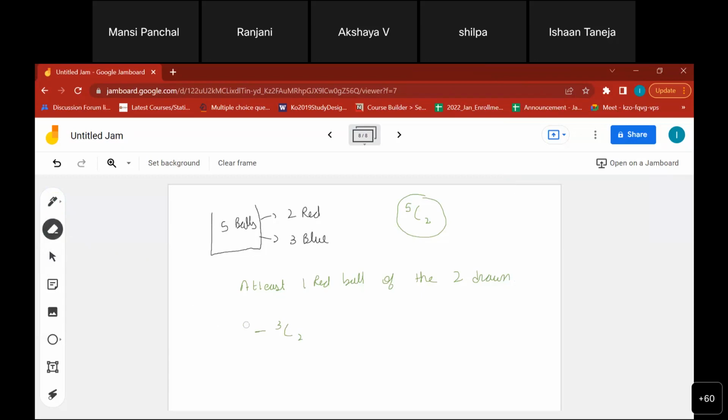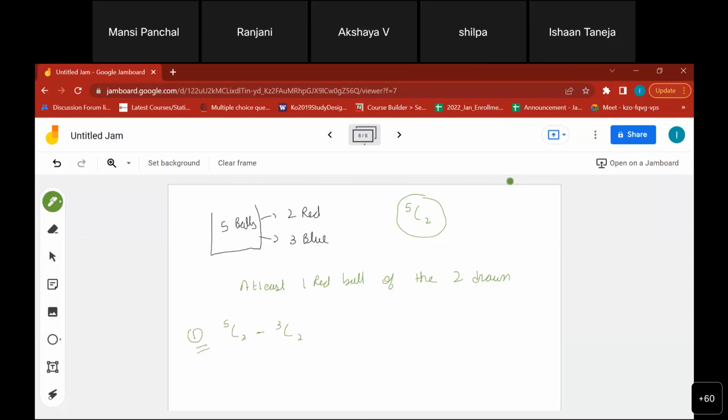So it'll be 5C2 minus 3C2. Why are we doing it? Here 5C2 is the total number of ways of choosing 2 out of 5 balls, and 3C2, what you're subtracting, is the total ways of choosing 2 out of the 3 blue balls.